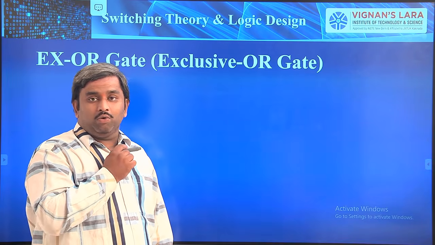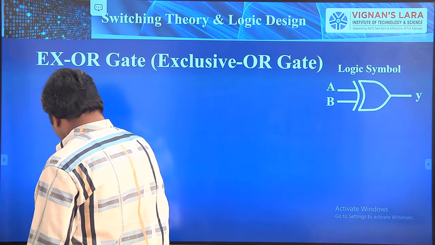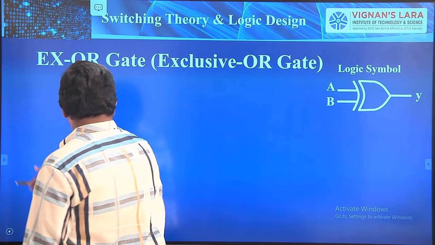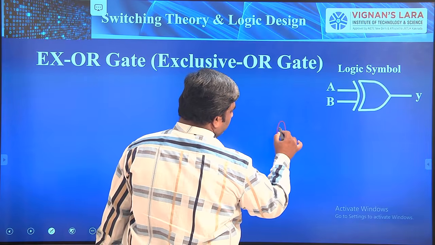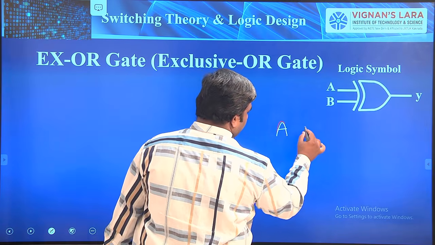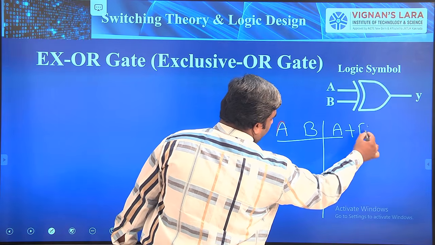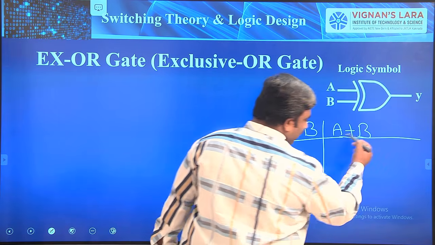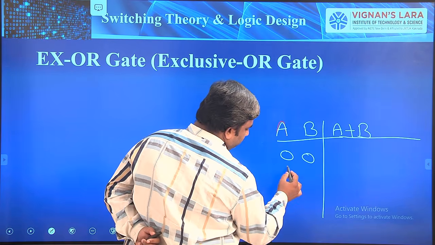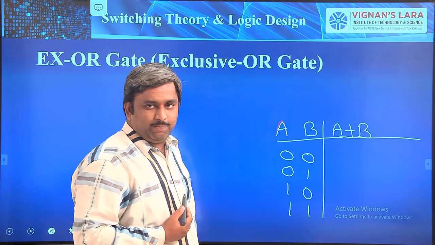The OR gate output we generally represent like this. Inputs are A and B. Coming to the output for the OR gate, this is the OR gate, not the XOR gate. For the OR gate, the input combinations are 0 0, 0 1, 1 0, 1 1. These are the maximum possible combinations.